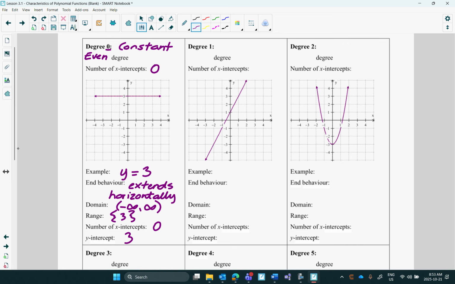Okay, what happens if we have a function of degree 1? Well, that is always a line, so we call it a linear function. And since it's degree 1, that means it's an odd degree.